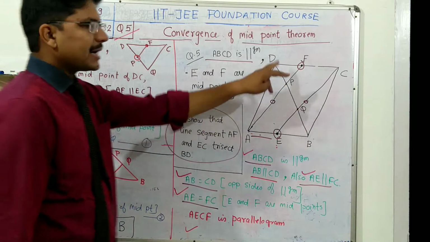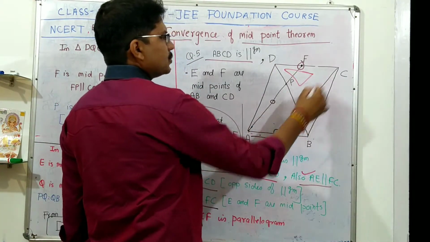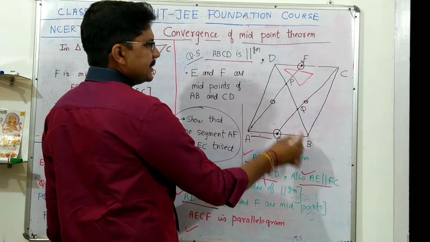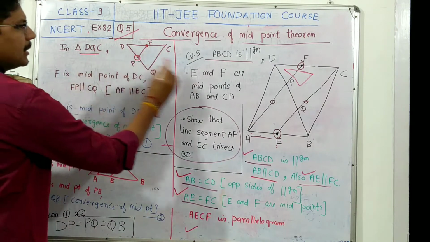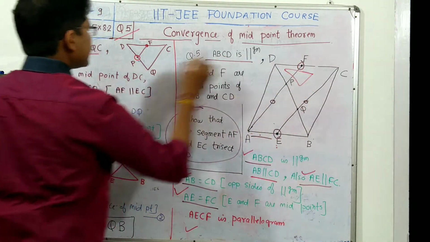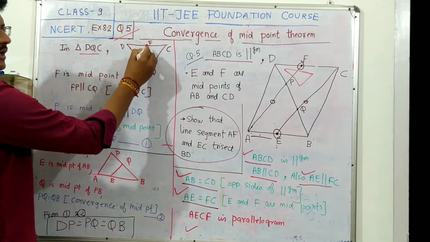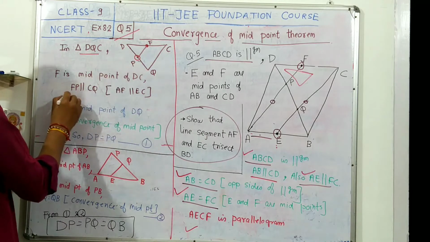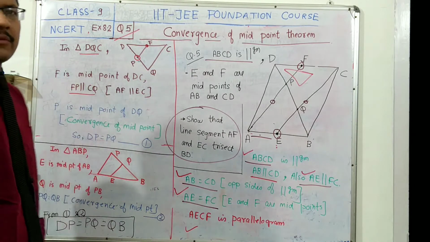You can see there are two triangles here. One is triangle QCD, and the other is triangle BPA. Here I am taking triangle DQC. In triangle DQC, F is the midpoint of DC, therefore FP will be parallel to CQ. Why is FP parallel to CQ? The reason is written here: AF is parallel to EC, therefore FP will be parallel to CQ.